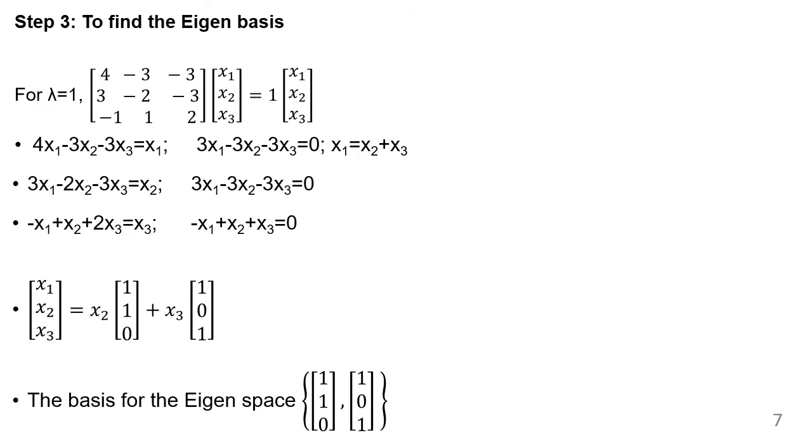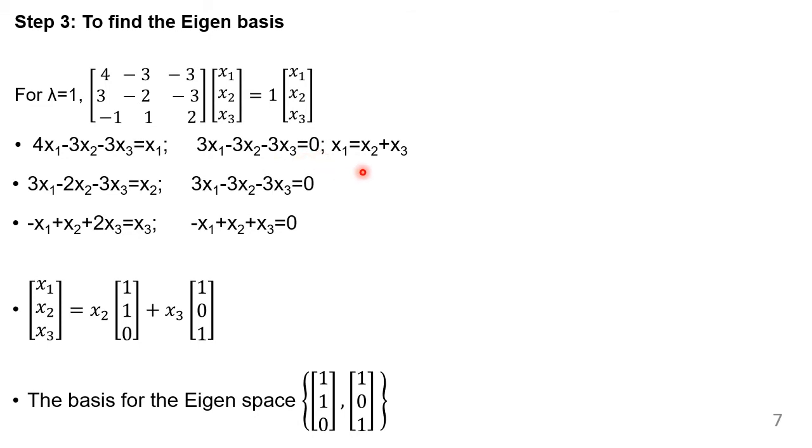For lambda equal to 1, I have matrix A multiplied by the 3 variables x1, x2, x3 equal to lambda equal to 1 multiplied by x1, x2, x3. When I simplify this, I get the equation 4x1 minus 3x2 minus 2x3 is equal to x1, which will give me 3x1 minus 3x2 minus 2x3 equal to 0.